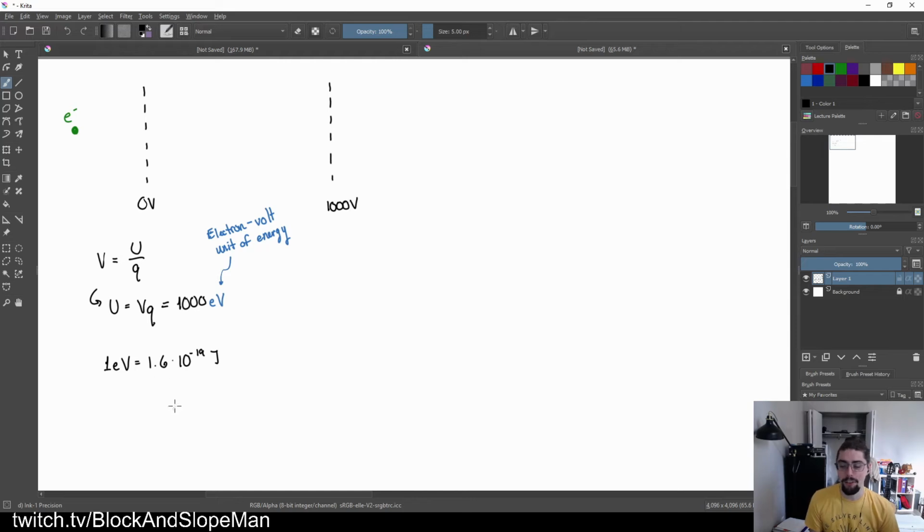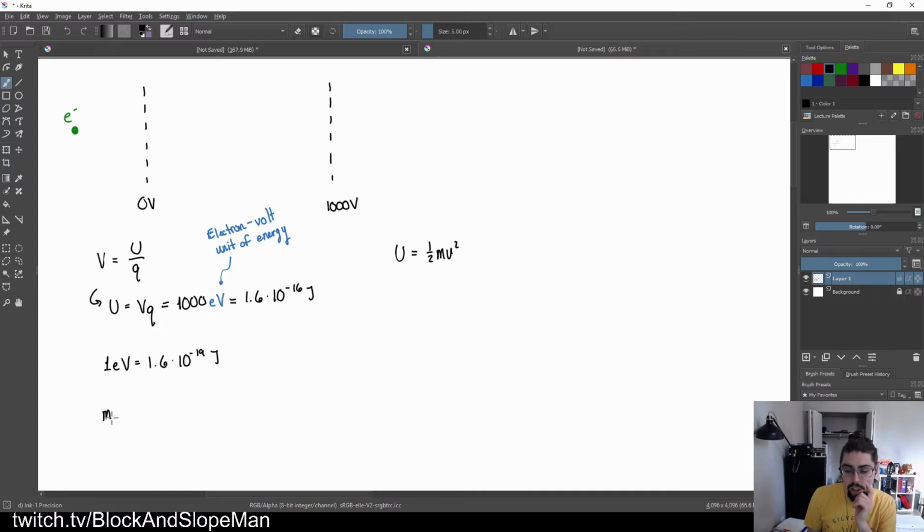But let's go ahead and use this. So we say, okay, we've got 1,000 electron volts, which if we do this conversion, is just 1.6 times 10 to the negative 16th joules. Now, we know that all of this potential energy is being converted into kinetic energy, so U is equal to 1/2 mv squared.